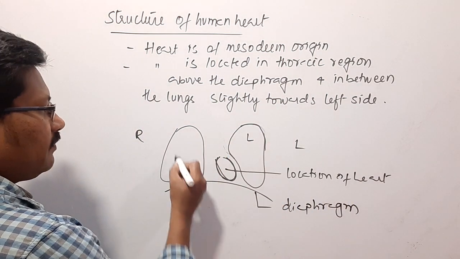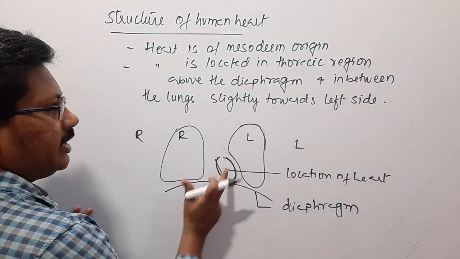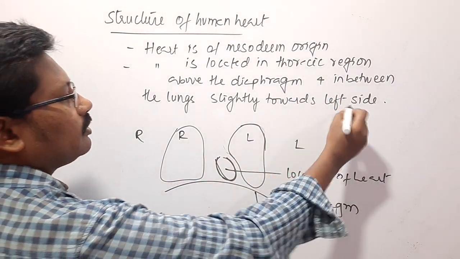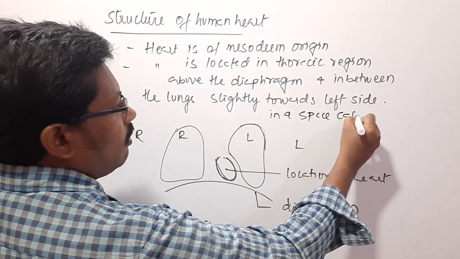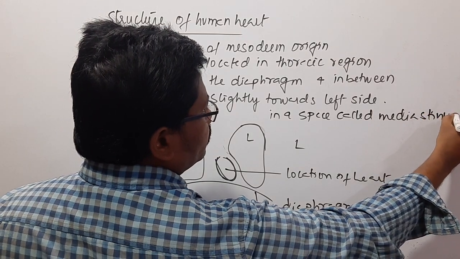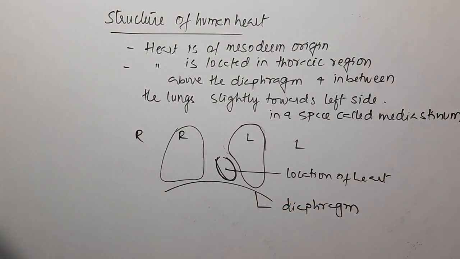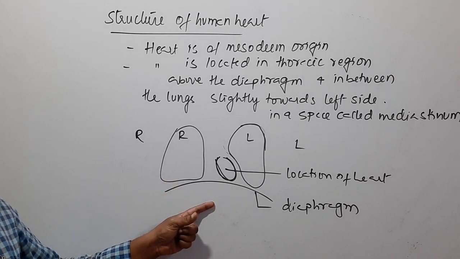And we know this is the left lung and this is the right lung, and between these two, slightly towards the left side. So the heart is located in a space called mediastinum that is present below the sternum.